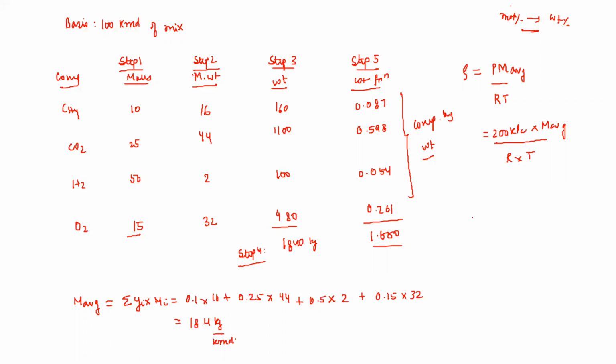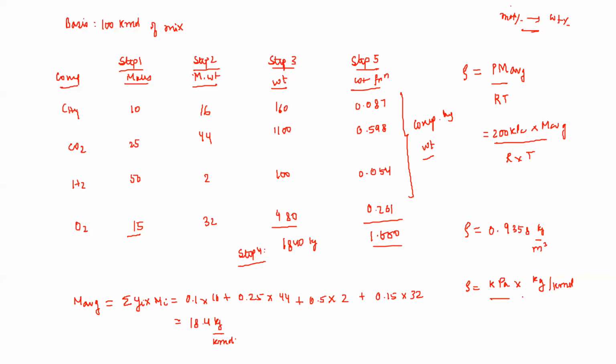Hence, when we solve for density, we get density equals 0.9358 kg per meter cube. Make sure the units are balanced. See, you have pressure in kilopascal. You have average molecular weight in kg per kilomole.